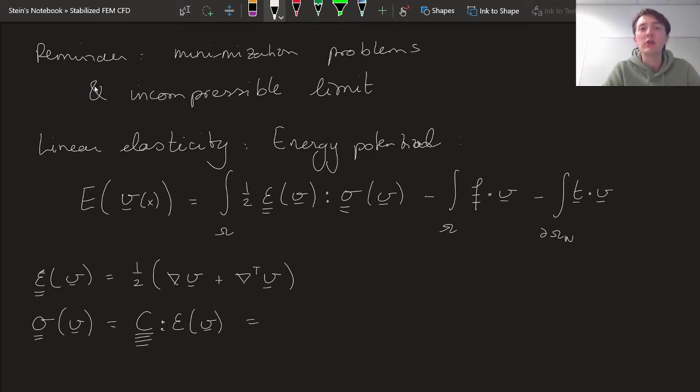And then in linear elasticity, we can actually show that there's just a very finite number of ways that we can represent that double contraction.